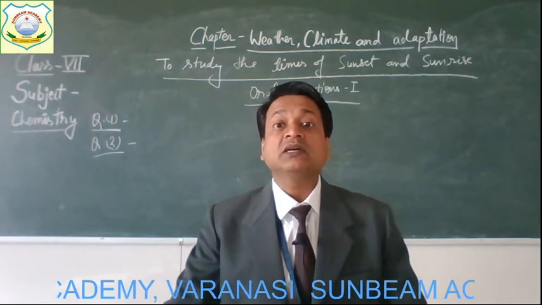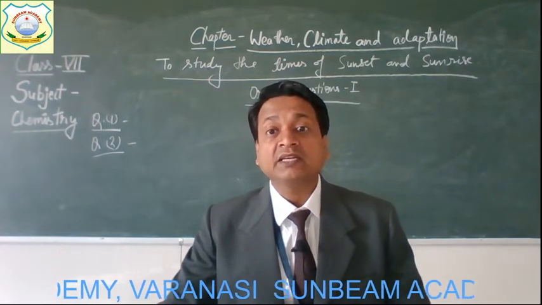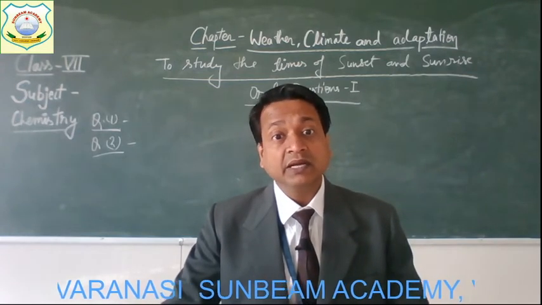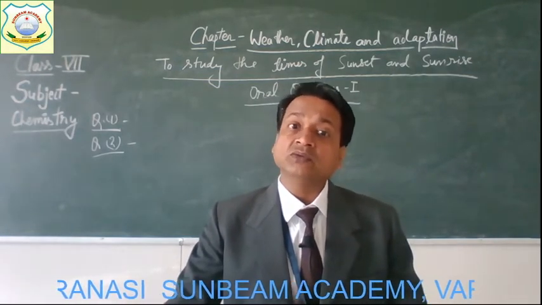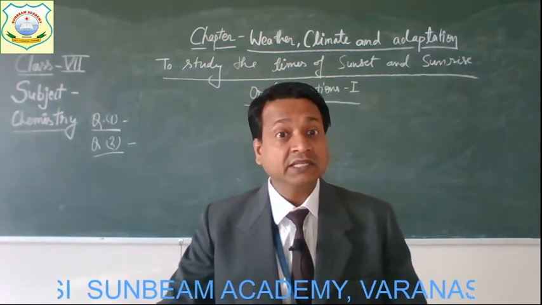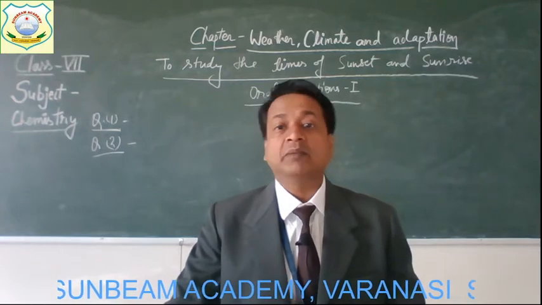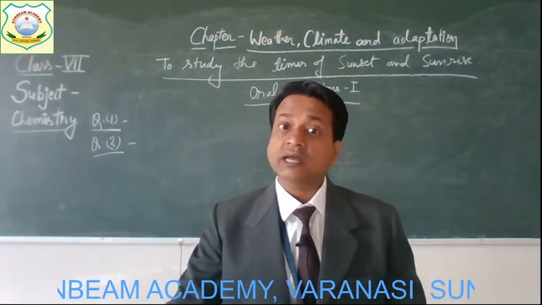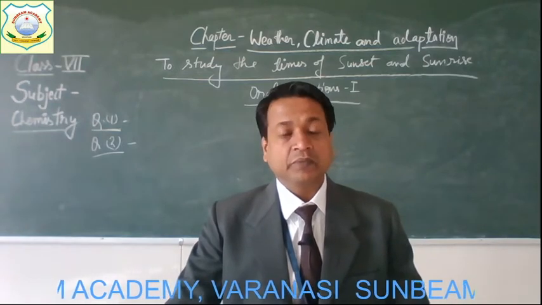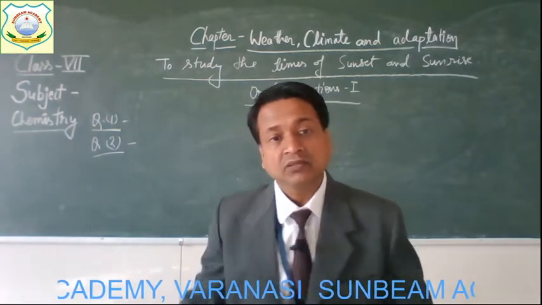And also the region receives sunlight for less time. That is why it becomes colder as the latitude increases. Get it? And as the latitude decreases, it becomes warmer, and the reason is just the opposite. Get it? Now, come to the next question number 3.